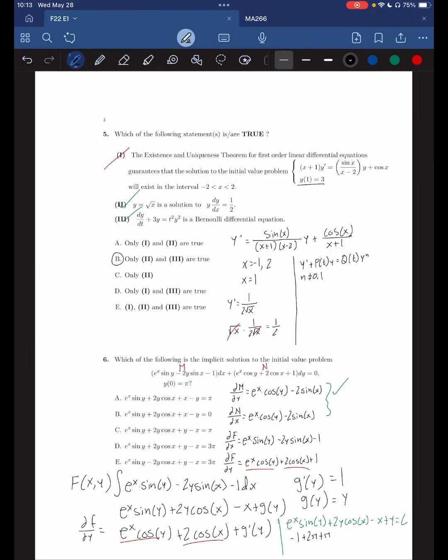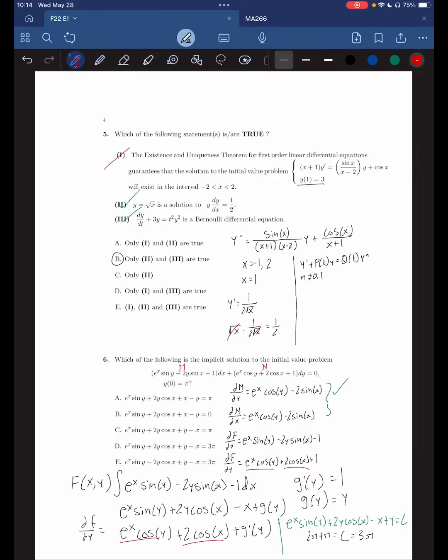Therefore, we have C. So C is just equal to 2 pi plus pi, which is equal to 3 pi.